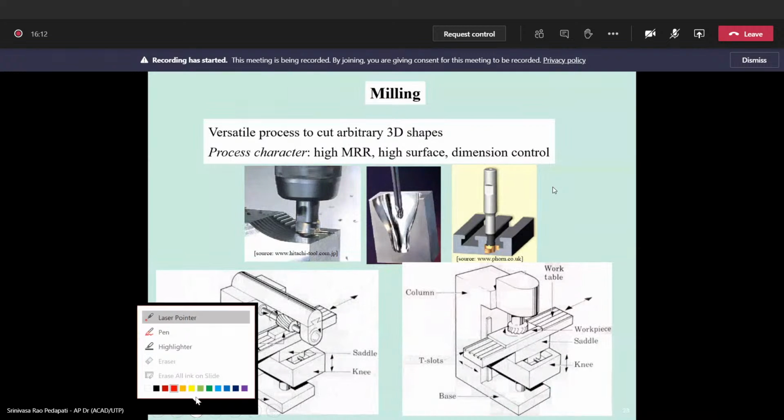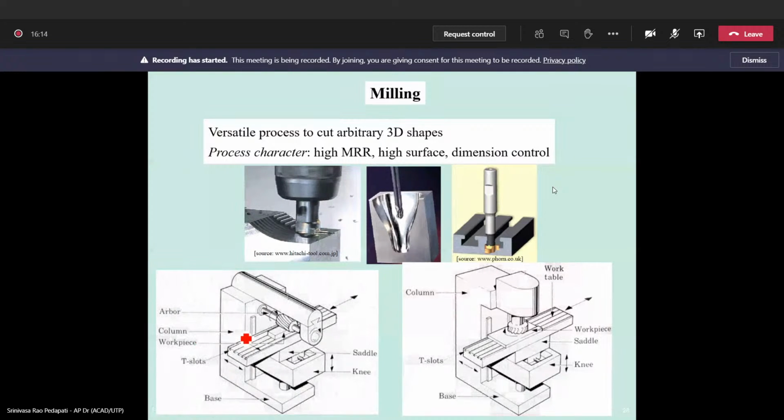Sawing, as we just saw, cannot cut any 3D shape or profile like a hemisphere or semicircular shape. That kind of shape is not possible with other machines, whereas milling is used to cut 3D shapes, like gears or other profiles.